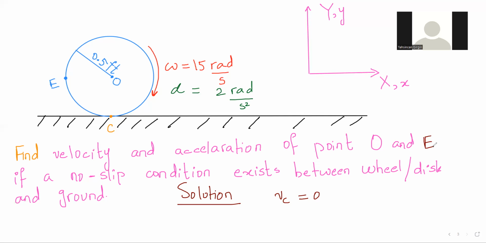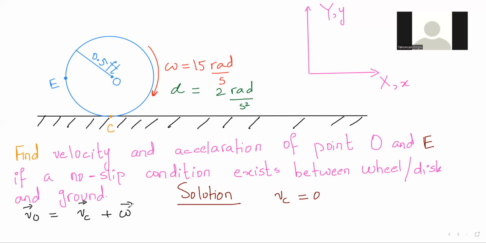So the first thing in this problem is that you have to write the formula. So what is the formula? It is V O. Okay, so it will be V O equal to VC plus omega cross OC, CO, CE, CB, CG, whatever.